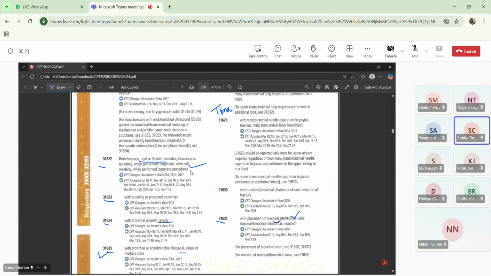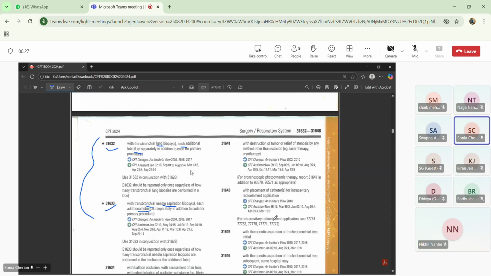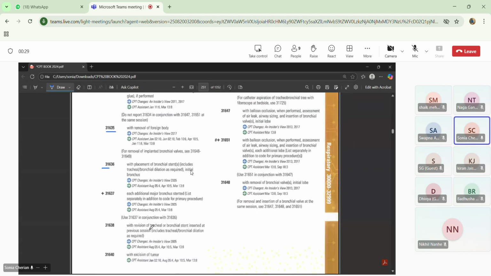This is tracheal stents, guys: 31631 is for tracheal stent, and this is bronchial stent, 31636. And if for each additional major bronchus they have stented, then you have CPT 31637. And if they come for revision of that stent, then you have 3163E.